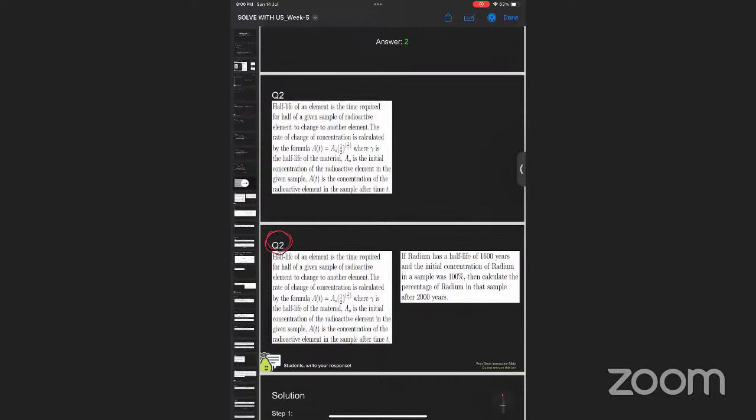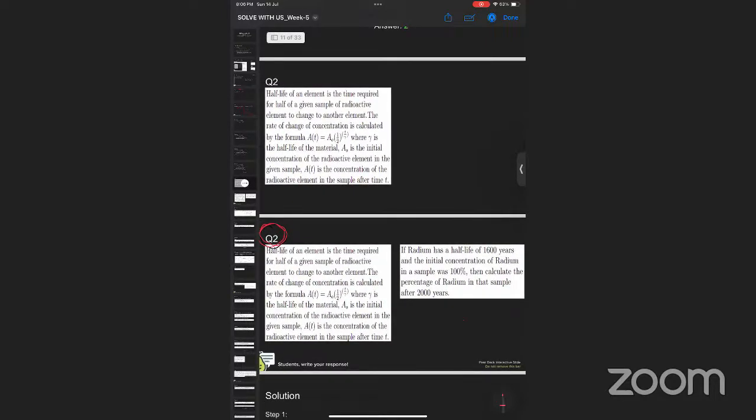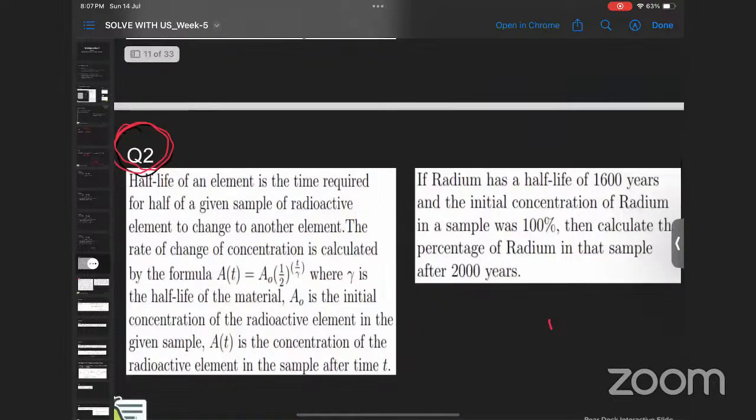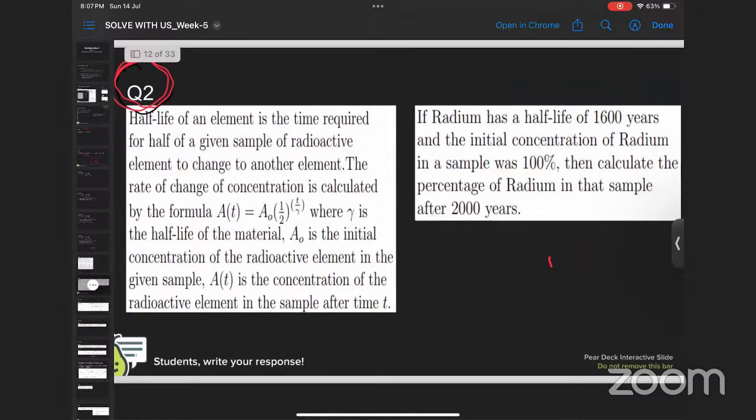Can you please enlarge it more? Very difficult to read. If I rotate the screen... Yes, please rotate the screen. That would be better because this view is not good. Yeah, this will be better. Now is it clear, right? Yeah, it's clear now.